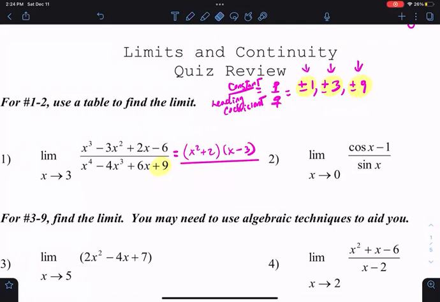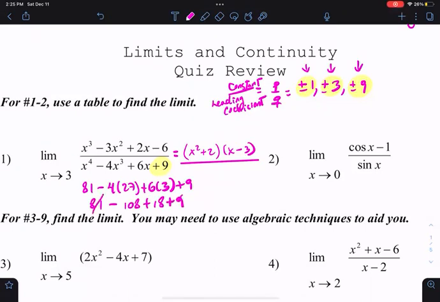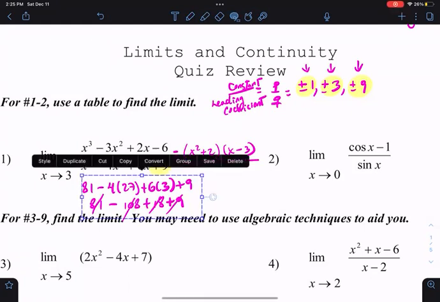If you do this many times, you will see that it's 3: 81 minus 4 times 27 plus 6 times 3 plus 9. That should give you 0 for 3 or -3, one or the other. So this is 81 minus 108 plus 18 plus 9, which gives you 0. So 3 is a zero.